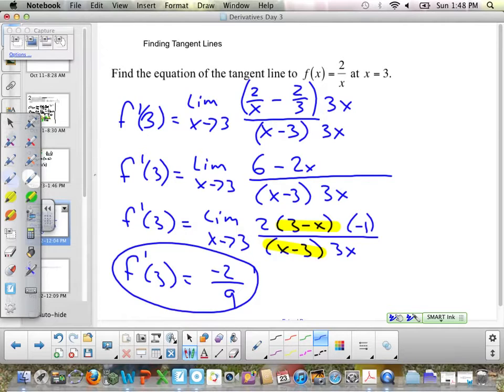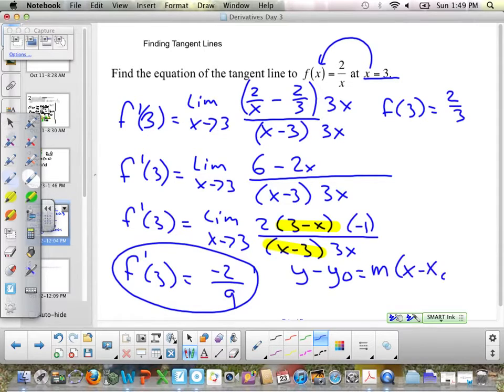All we need is a point now. Well, x equals 3. We just need y. Let's put that into the function. f of 3 is 2/3. So the equation of our tangent line, point slope form, y minus y sub 0 equals slope times x minus x sub 0.